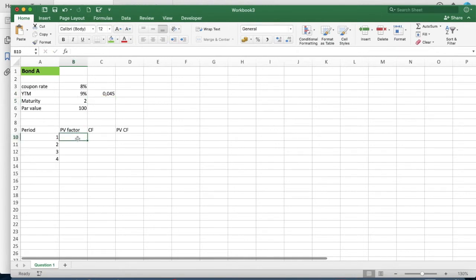So the present value factor is equal to 1 divided by 1 plus the semi-annual yield to maturity power the number of periods. See, now the yield to maturity will be constant all over the maturity of the bond. That's why we have to keep it constant.